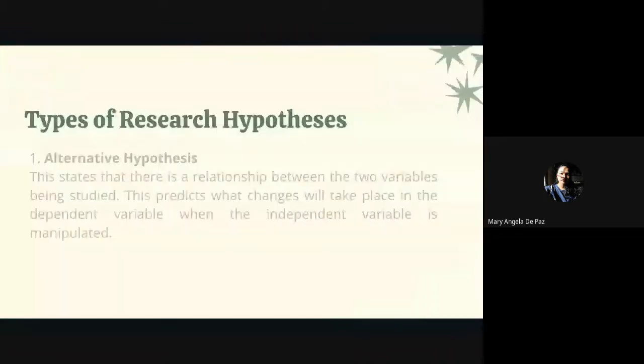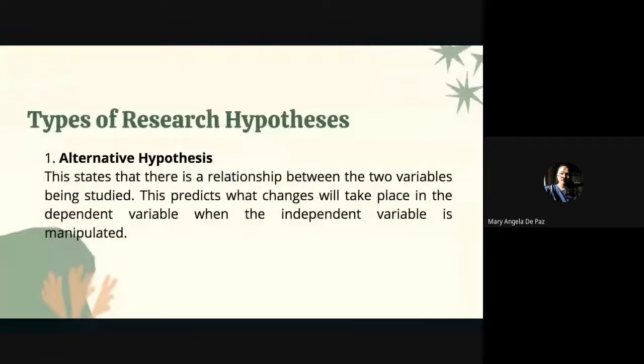So the alternative hypothesis states that there is a relationship between the two variables being studied. This predicts what changes will take place in the dependent variable as the independent variable is manipulated. This also reflects that the results are not because of chance and that they are significant in terms of supporting the theory being investigated. This suggests a significant relationship or difference between variables.